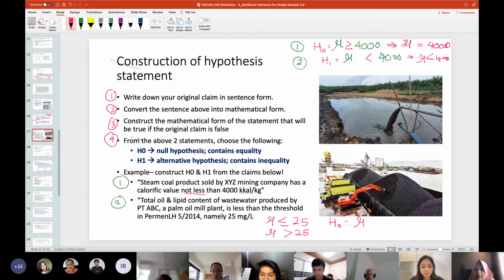And then the H0 is mu equal to 25, and the complementary statement, the claim that we construct from this sentence, we put it as mu more than 25.